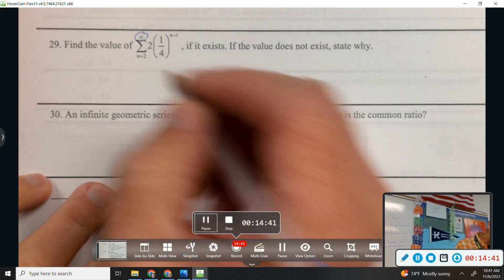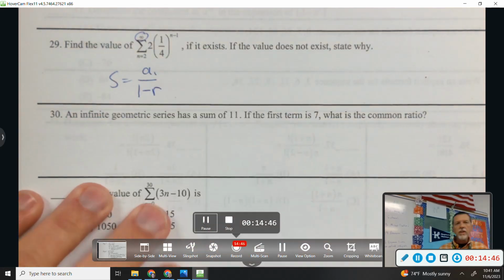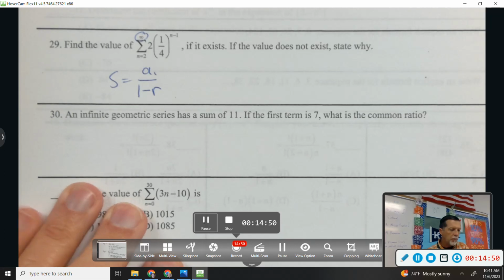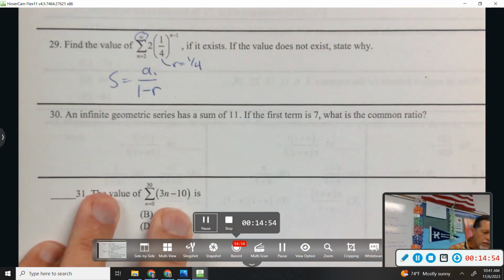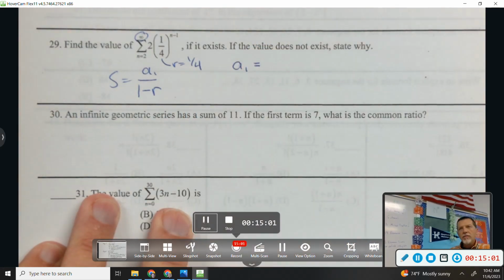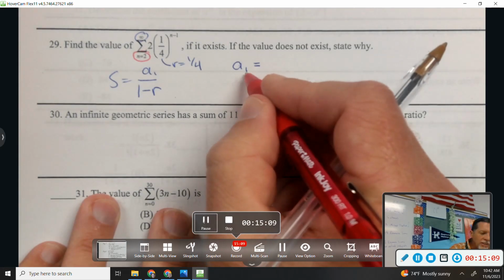Go into infinity, so again, my only option is a1 over 1 minus r, but only if it's geometric and only if r is less than 1. r is 1/4, so we're definitely good here. How do I find a1? For this, for any, like, what am I going to plug in? It's 2 on this one, because that's where I start. So be careful, that a1 is sometimes misleading.